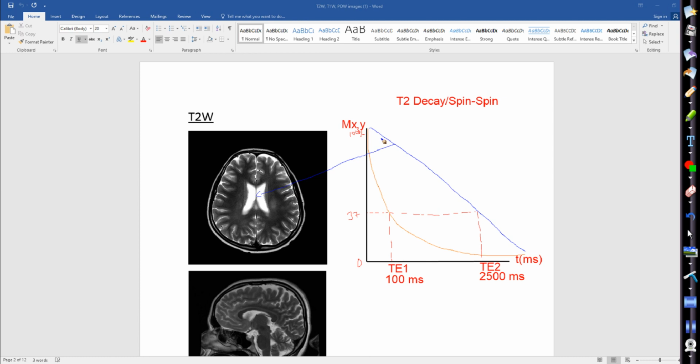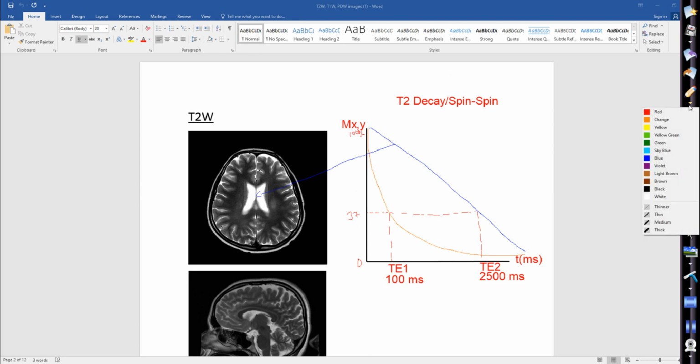So we select a long TE to highlight the difference between these tissues. But no matter where we select it in terms of time, water is always going to have a larger value than fat on this curve. So with that being said, water will appear bright on a T2 weighted image.